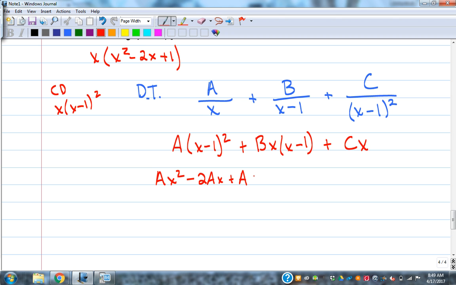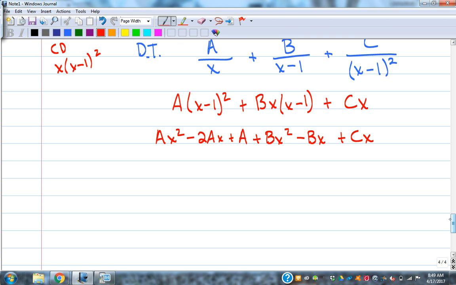And then this would be BX squared minus BX and then plus CX. Now our numerator was X plus 2. But how many equations are we going to have? 3, because we got X squared, we got plain X's, we got plain numbers.